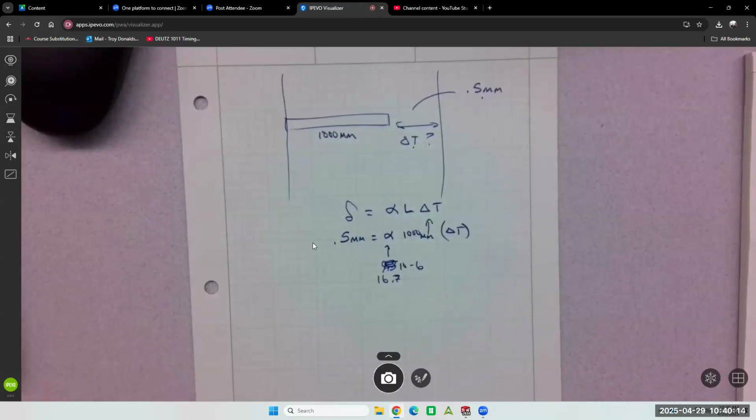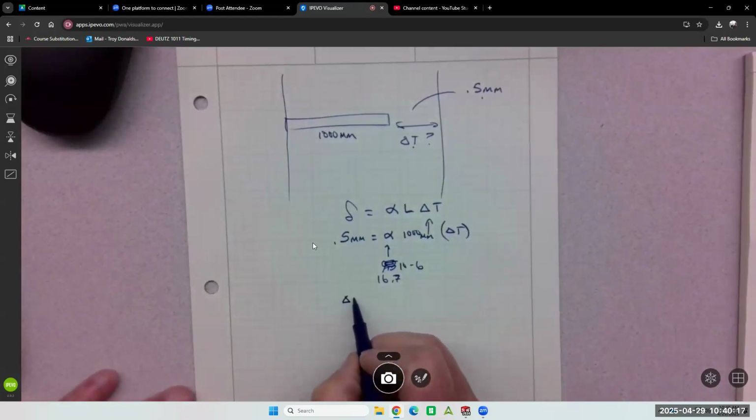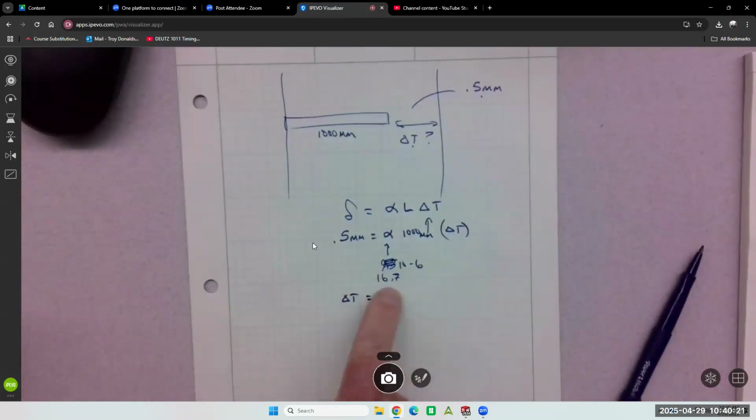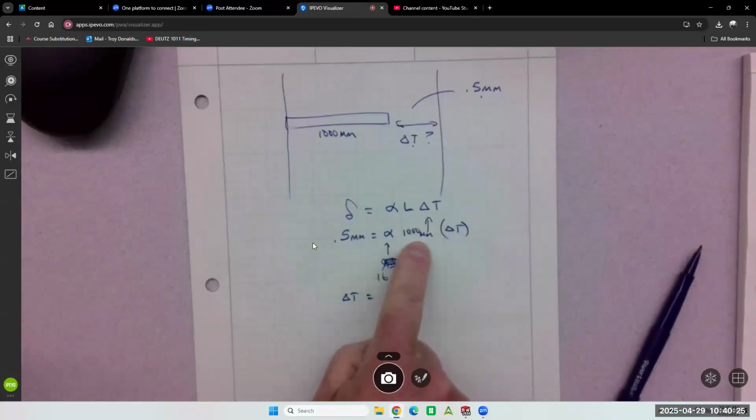All right. So delta T equals: we take the 0.5, divide by the 16.7 times 10 to the minus 6, divide by the 1,000.